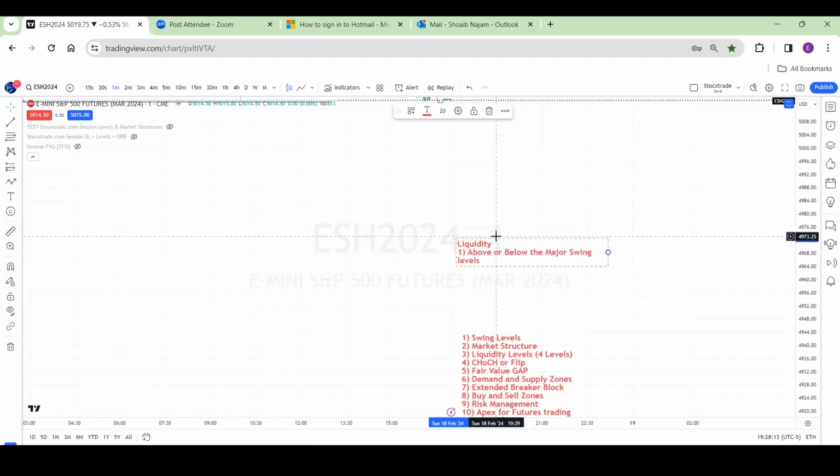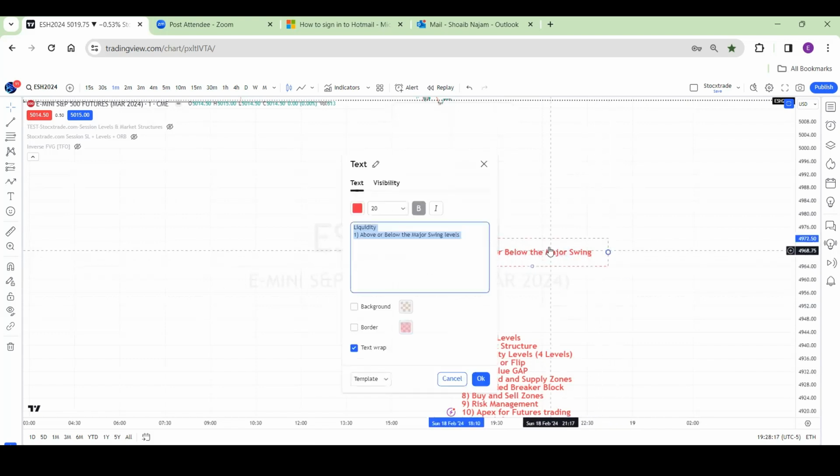The second area is above or below the double top and double bottom.